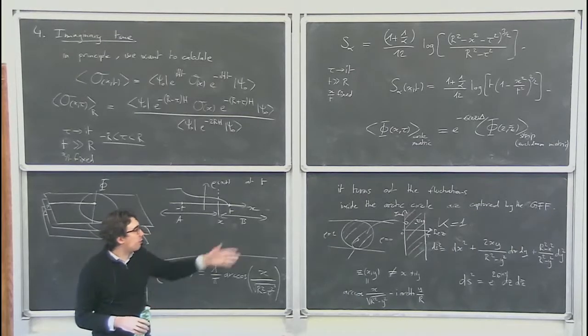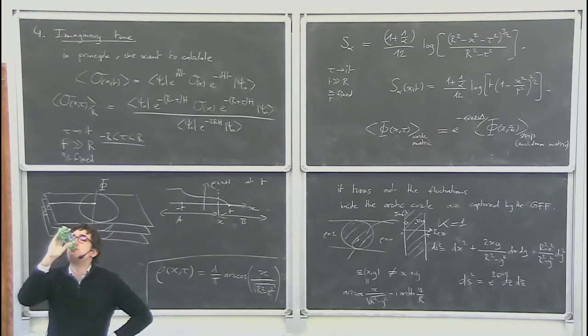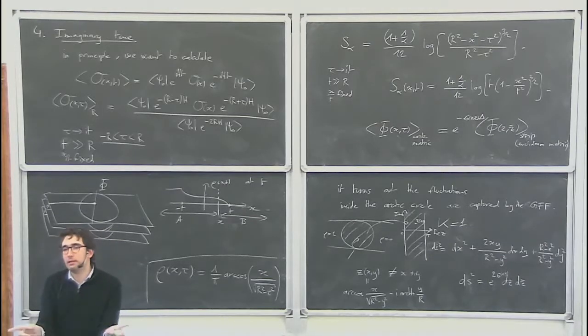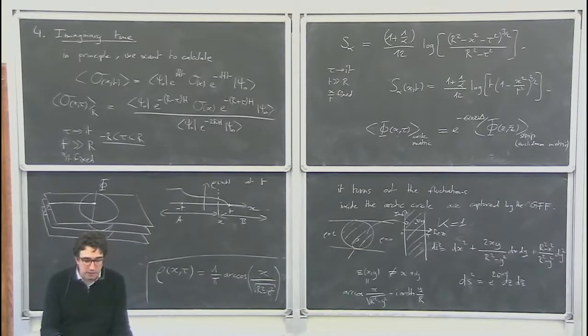What I said is that alpha in the end is the angle of a cone, and the angle of a cone doesn't have to be an integer times 2 pi.